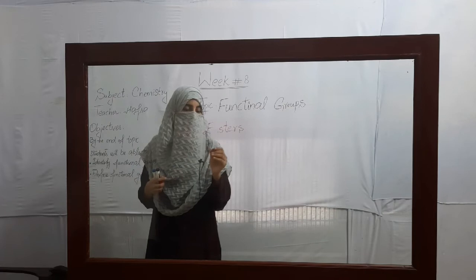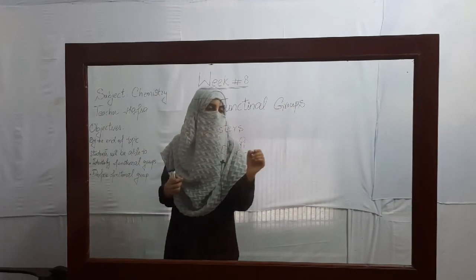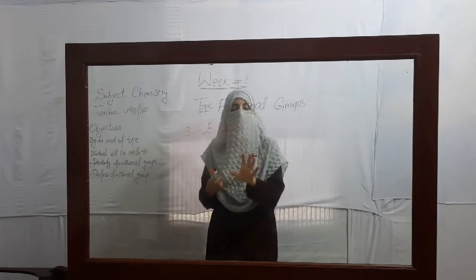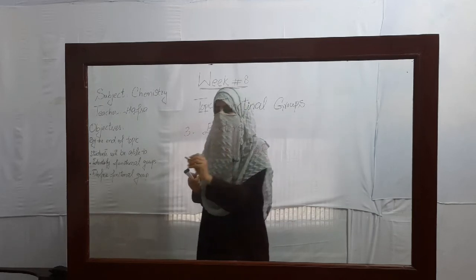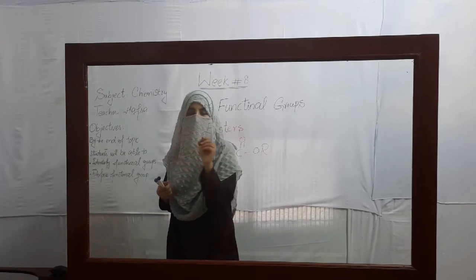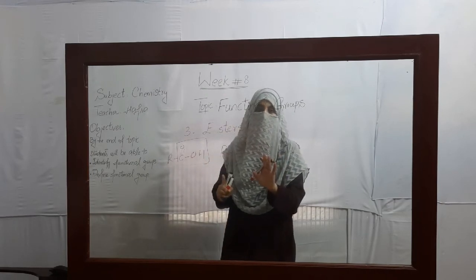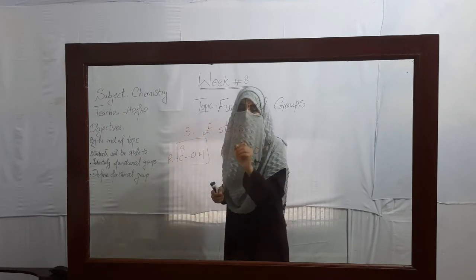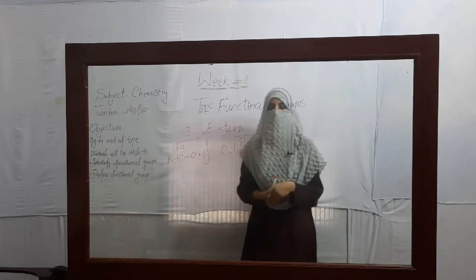Its general formula: if we observe the previous structure, that was R C double bond O OH, that group was the carboxyl group, and here we have replaced the hydrogen atom with an alkyl group, then it will be known as an ester. So a chain that has that specific group will be known as an ester.